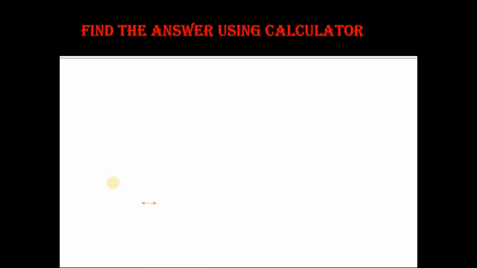Now practice it using your calculator. Slowly do it step by step. We are going to do 5 angle 30 plus 2 plus j5. So take your calculator, press mode, then press 2. Now your calculator is in complex mode.